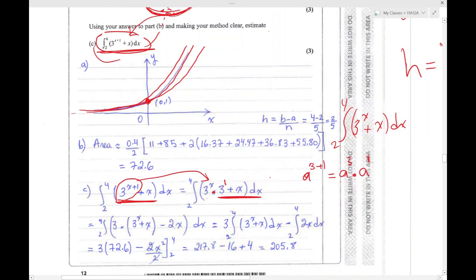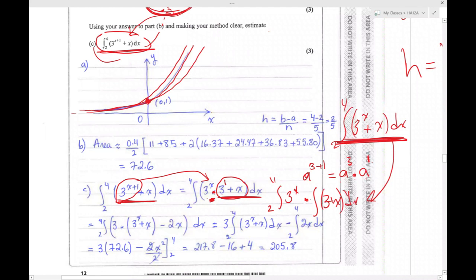Now, why did we do this? We cannot take this number that resembles part B without having addition or subtraction. Because it's multiplication, you just cannot integrate 3 to the x times 3 plus x dx from 2 to 4 so that it resembles this one. Because it's multiplication, you cannot separate it.